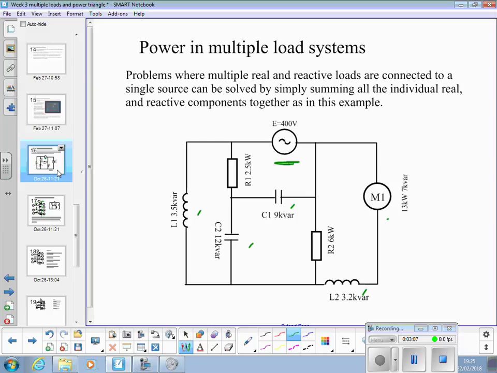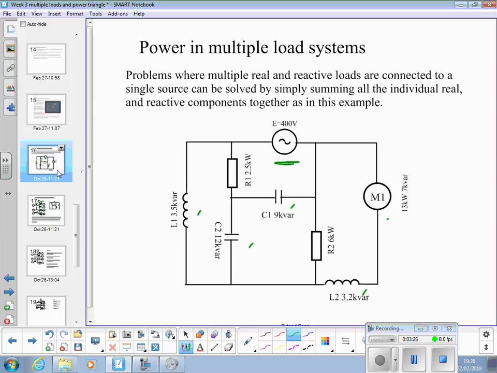That might not be in that form. It might be in kilowatts and power factor, or cos theta, and from that you can work it out. You might be able to get it from the line current.